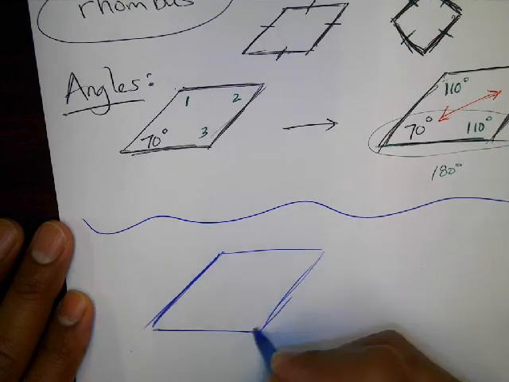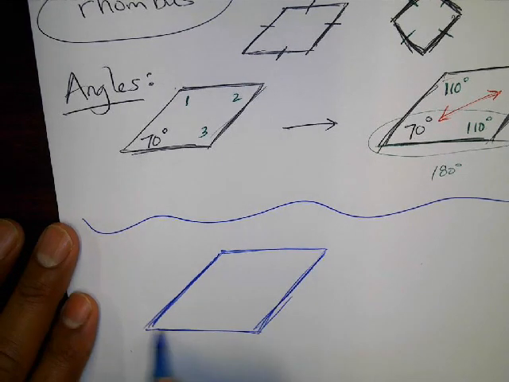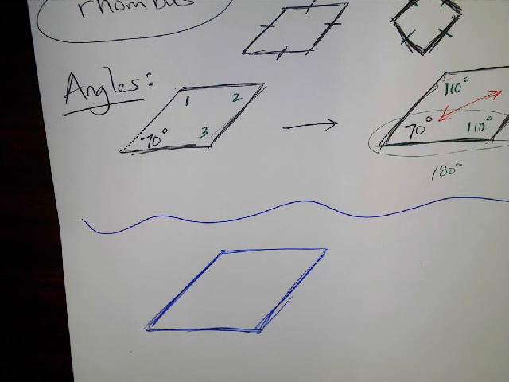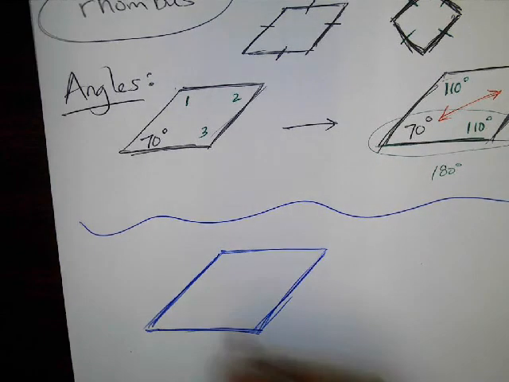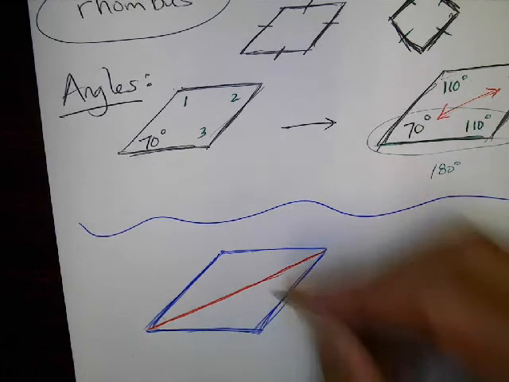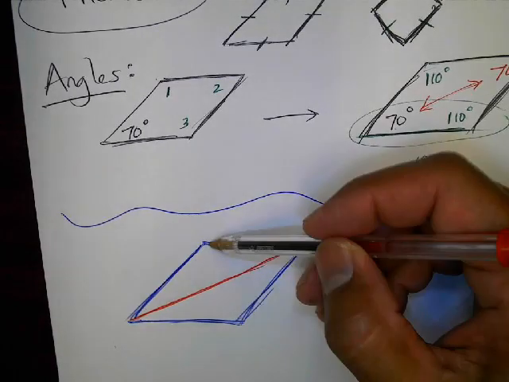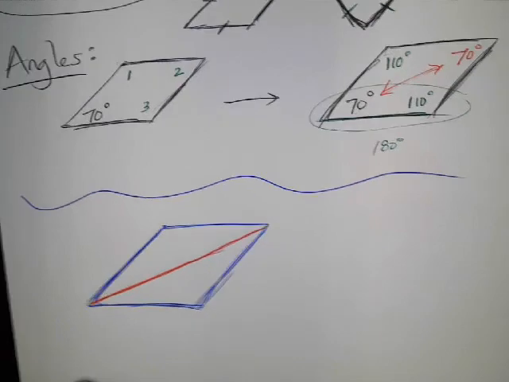Does that look like a square kind of leaning? Yeah. Okay. Now what's going to happen is now when we introduce a diagonal. Now I'm just going to show you one right now. I know there's another one going this way. They're not the same size. I can see this one's longer and this one would be shorter.